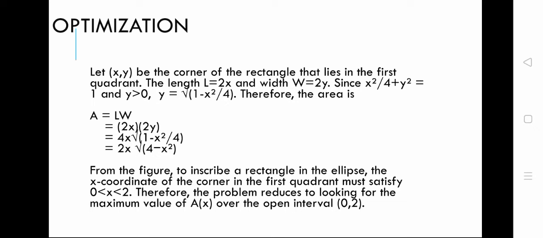So another inspection ulit tayo. From the figure, to inscribe a rectangle in the ellipse, the x-coordinate of the corner in the first quadrant must satisfy 0 is less than x is less than 2. So ito na yung interval. Therefore, the problem reduces to looking for the maximum value of A over the open interval 0, 2.